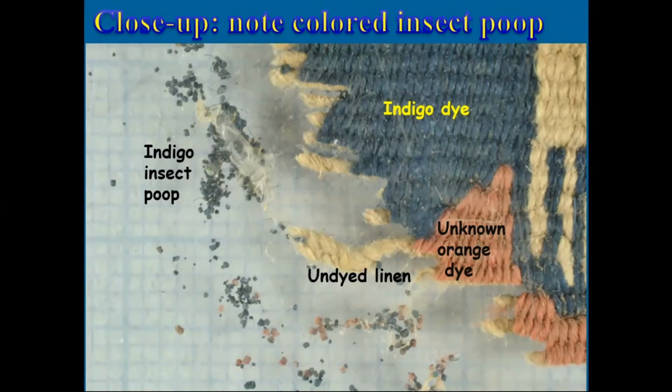And you can see the dark blue indigo dye, commonplace in Egypt during Coptic times, an unknown orange dye. And if you look at the bottom, the insect poop has orange color, and it has dark blue color, and it has the undyed linen color. So you can tell what each represents as the diet, whether it's an indigo dye or the orange dye or the undyed linen.